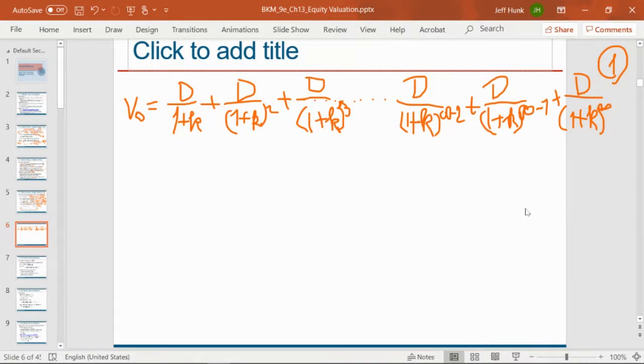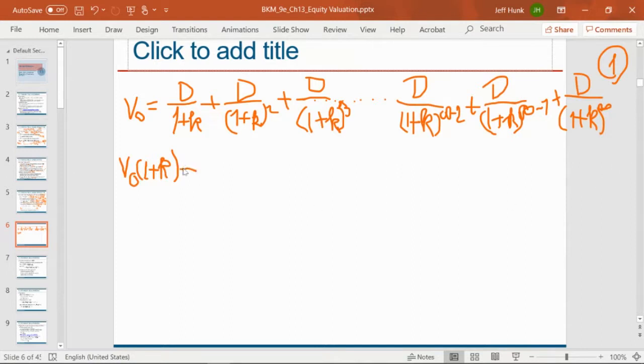And then I will multiply 1 plus k to both sides. In other words, I will multiply 1 plus k to equation 1, and I'll call it equation 2.